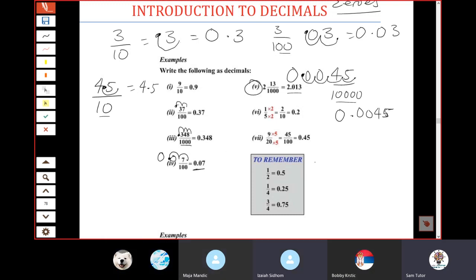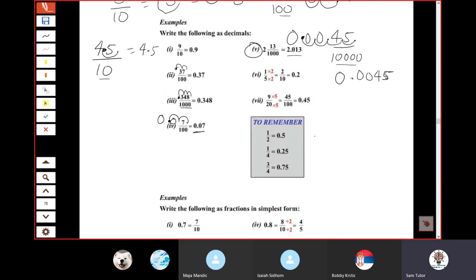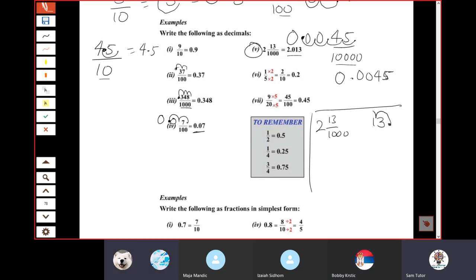V. I'm going to write V in here. 2 and 13 over 1,000. So ignore the 2. You only do the 13 over 1,000. So it'll look like this. 13 divided by 1,000. We start at the end. 1, 2, 3.